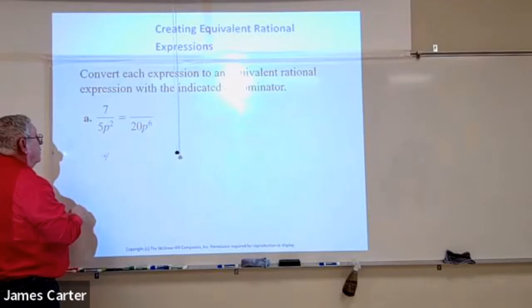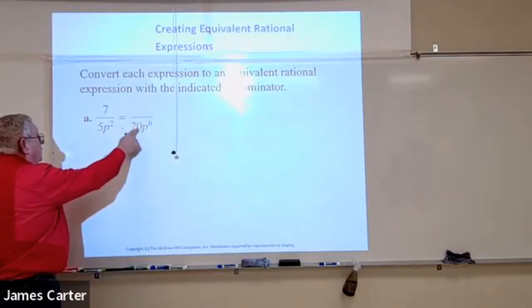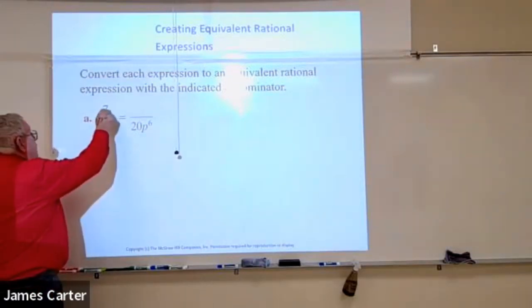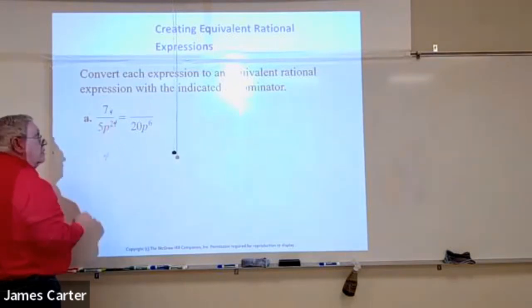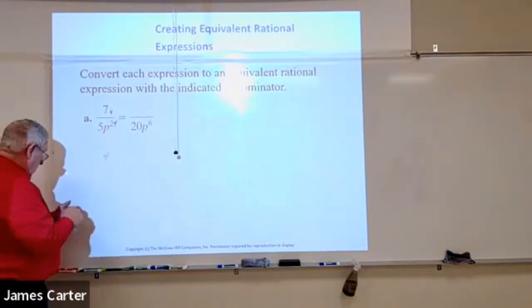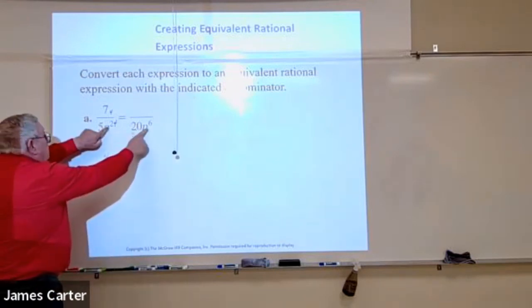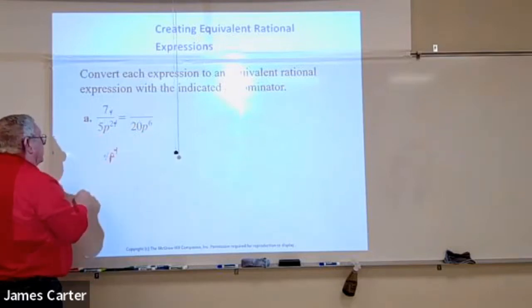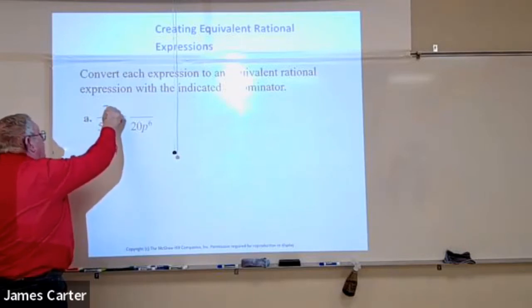A 4 is missing in that one compared to that one. So if I took times 4 there and times 4 here. What else is missing? P to the 4th. So then I would also multiply by P to the 4th and P to the 4th.